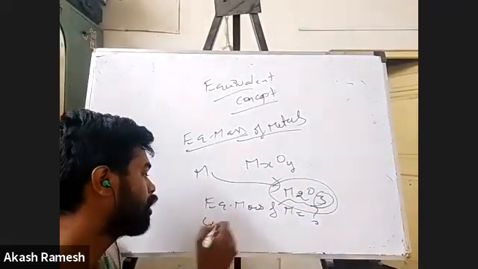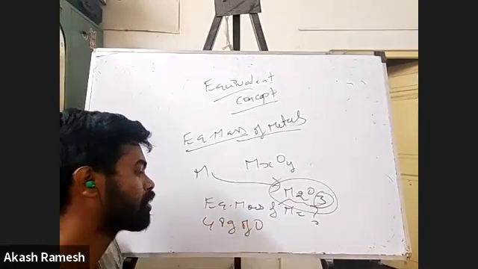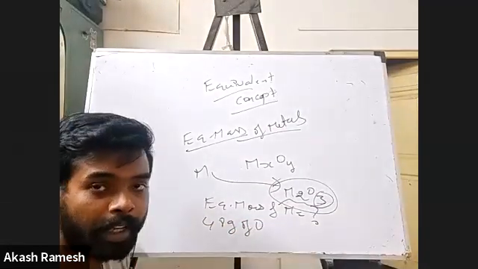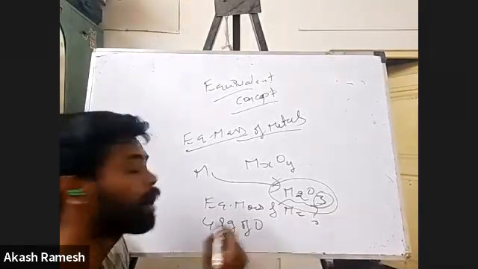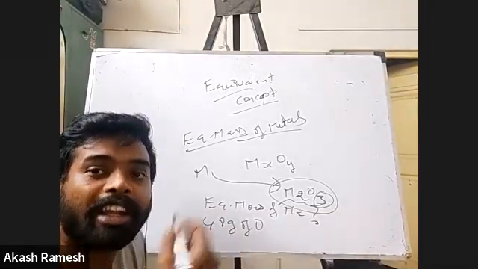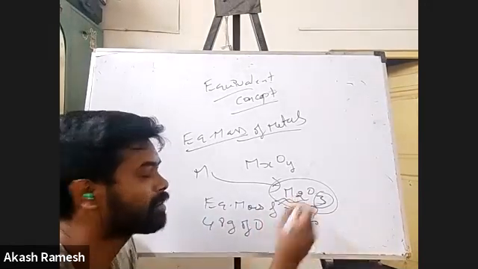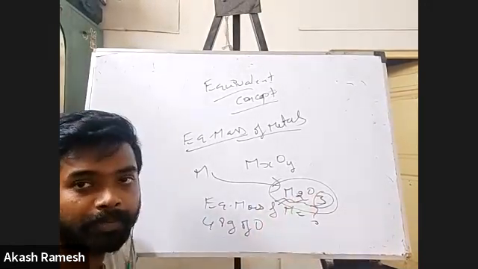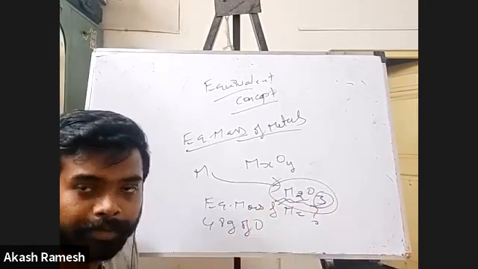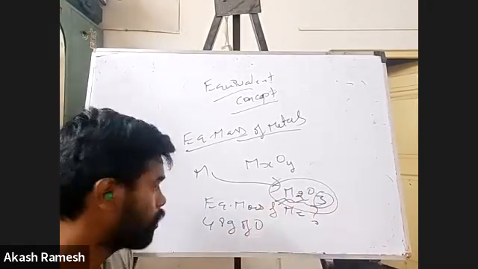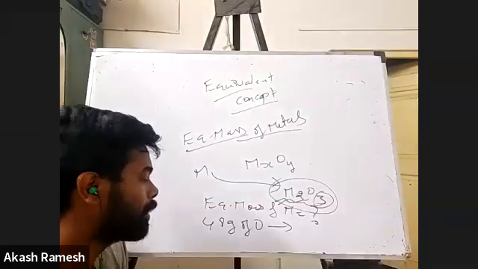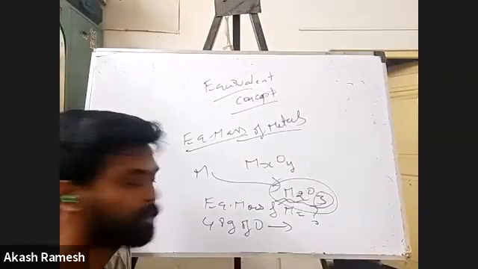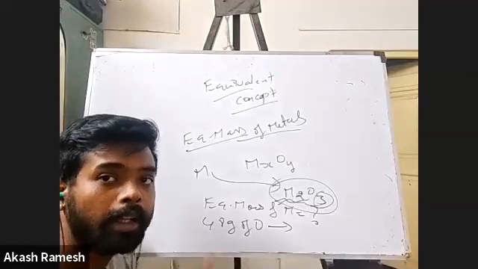So can I say 48 grams of oxygen is present, or rather 48 grams of oxygen is required to react with the metal to form this oxide.